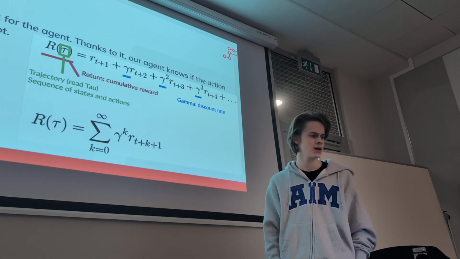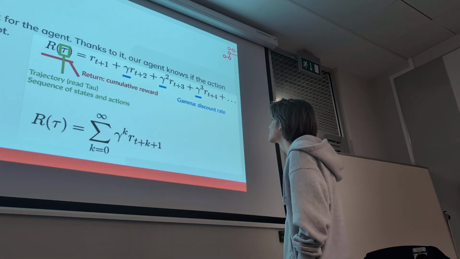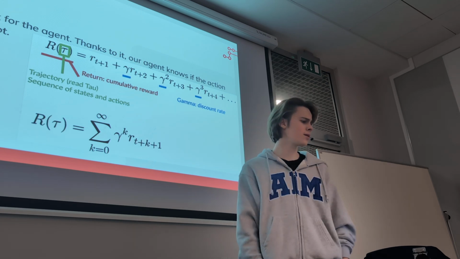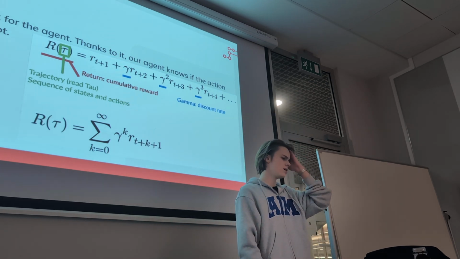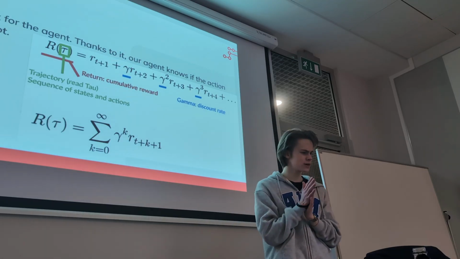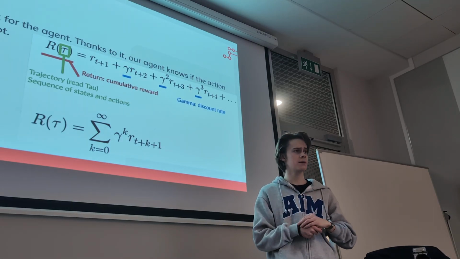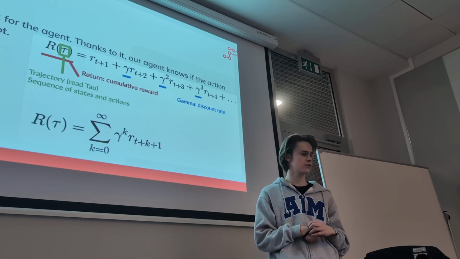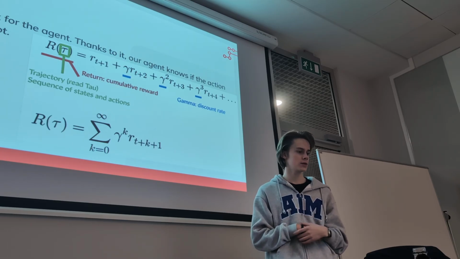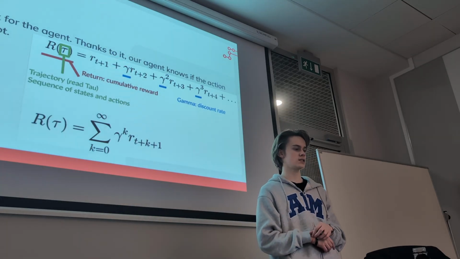We have some discount rate, and I think we will dive deeper into it in further examples in the next meetings, because it's not that straightforward for me. Maybe someone knows what that is. Maybe someone learned reinforcement learning. Maybe someone knows what the gamma rate stands for here.